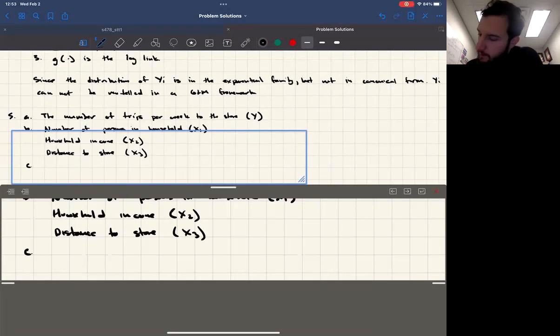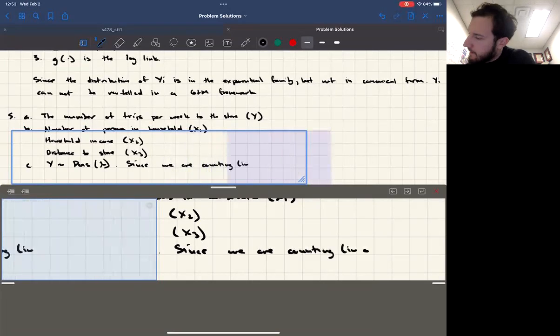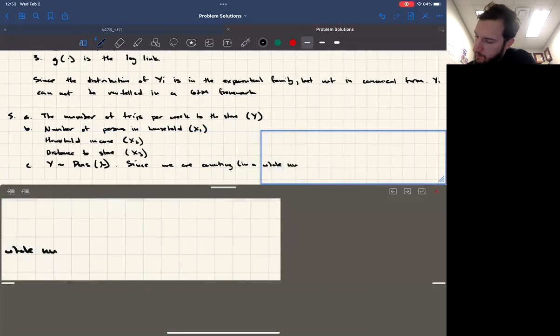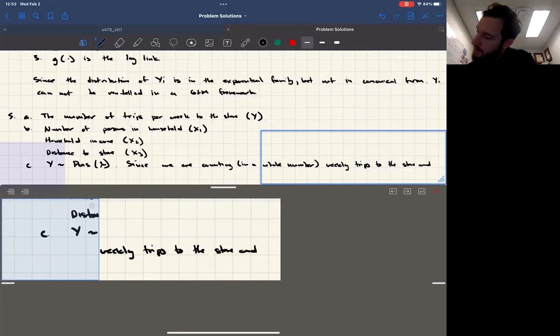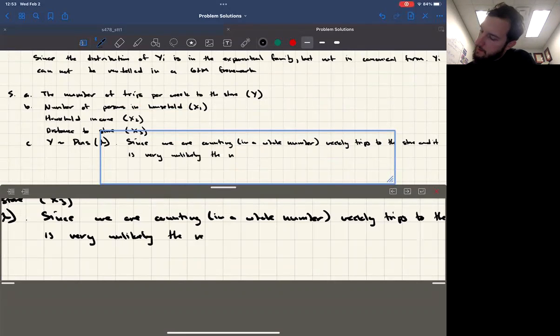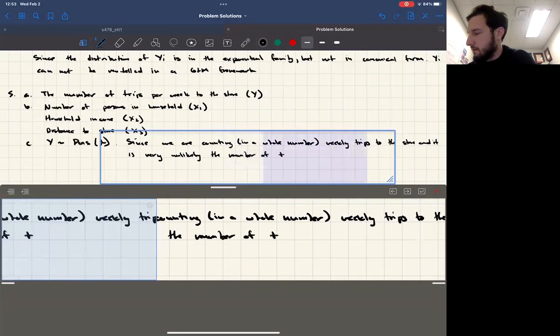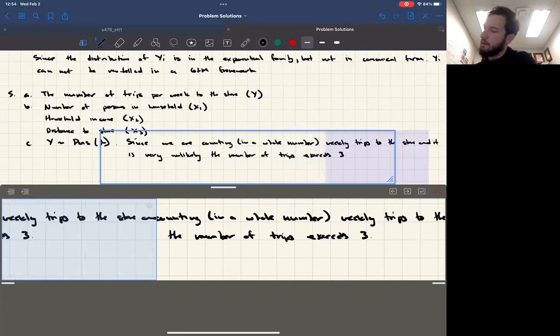So I think the natural choice here would be a Poisson distribution with rate lambda, since we are counting whole number weekly trips to the store, and it is very unlikely the number of trips exceeds, let's say, 3.